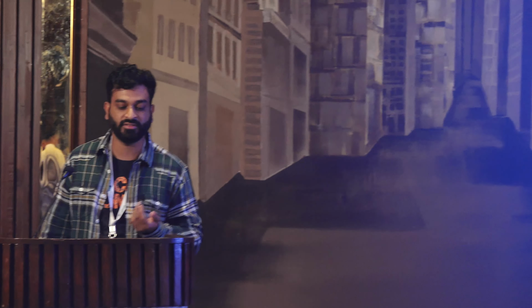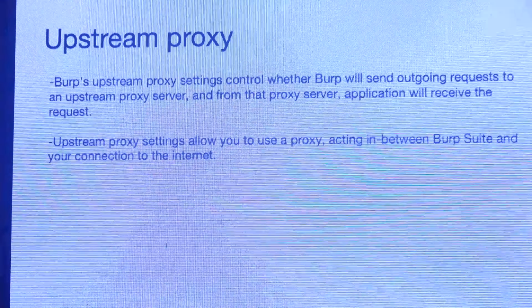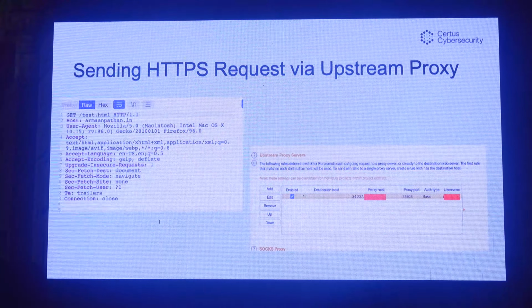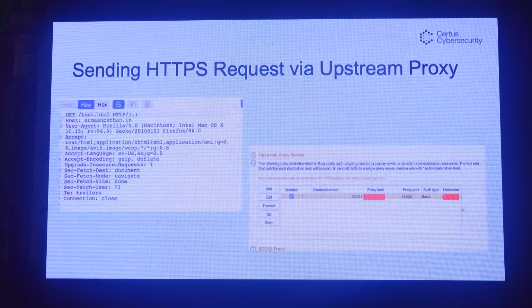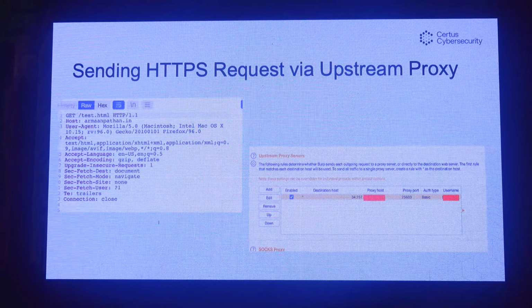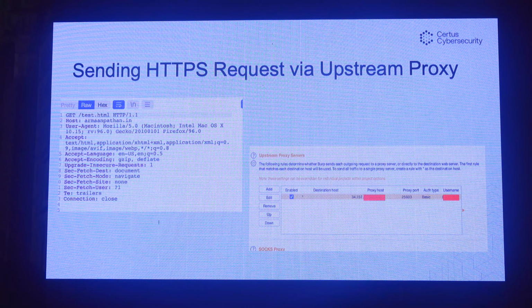Upstream proxy settings allow you to use a proxy that acts between Burp Suite and your connection to the application and internet. To set up an upstream proxy, go to the upstream proxy option and add a proxy.